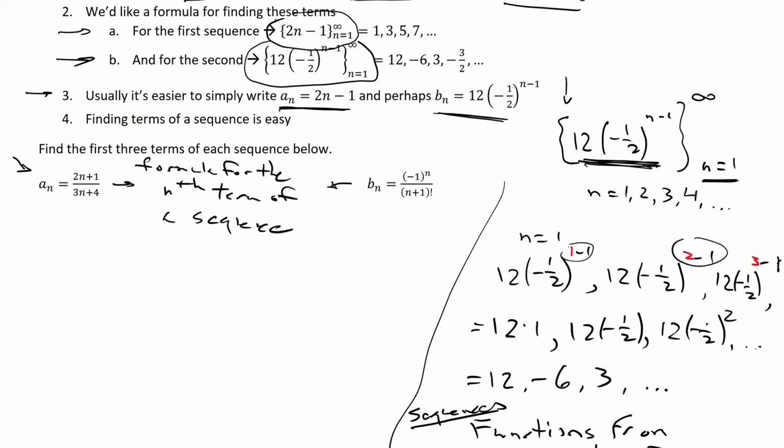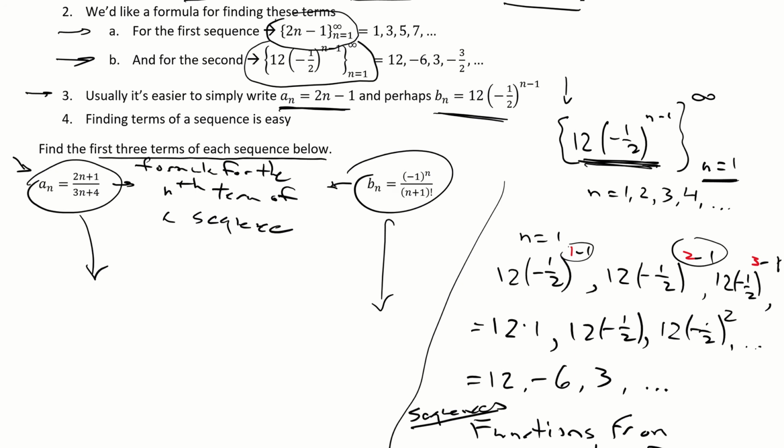So instead of wrapping it in curly brace set notation, n is 1 to infinity, it's all implied. So let's take a look at this one, and when we're done, we'll take a look at this one and we'll motor on. So the instructions say find the first 3 terms of each sequence below.